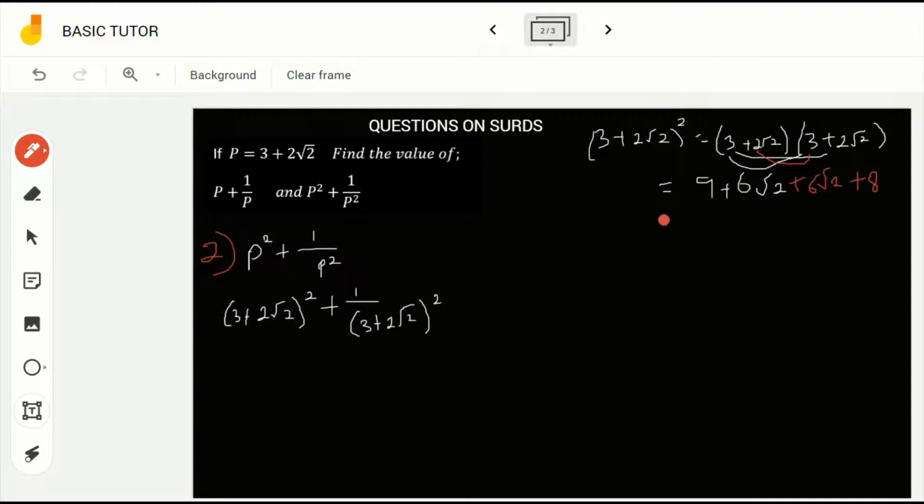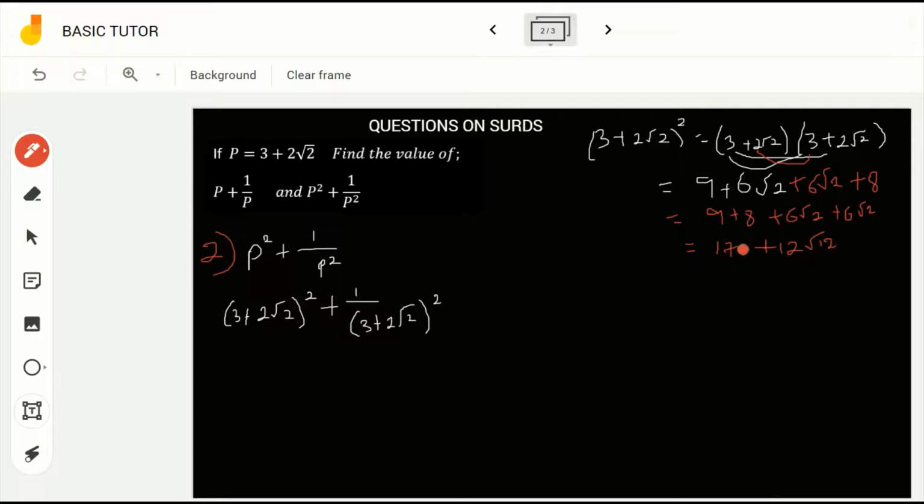Therefore, my final answer is 9 plus 8 plus 6 root 2 plus 6 root 2. So 3 plus 2 root 2 all squared gives us 17 plus 12 root 2.